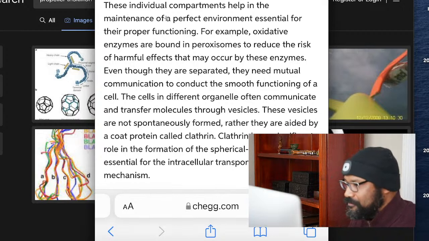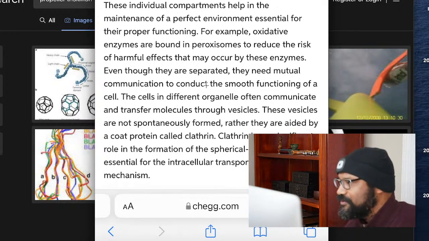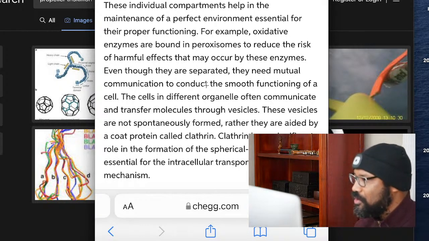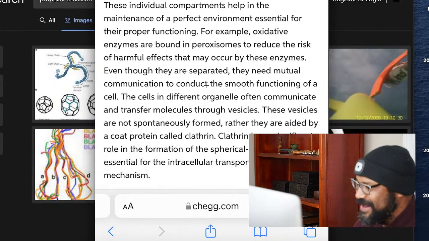Okay. It says, most cells found inside our body are partitioned into various membrane-bound structures called organelles. These individual compartments help in the maintenance of a perfect environment essential for proper functioning.